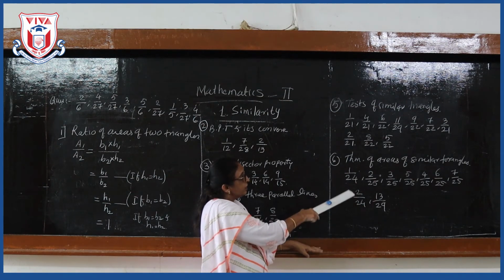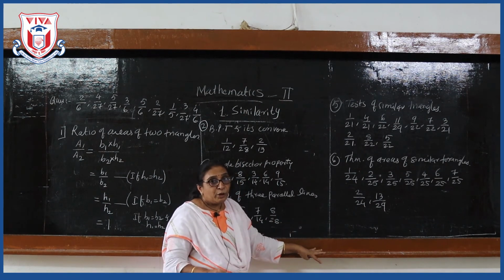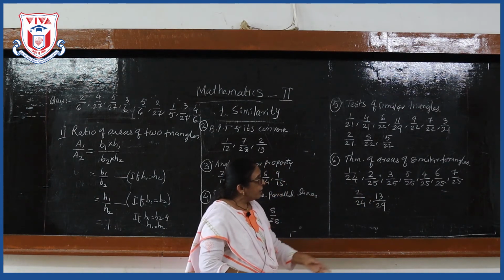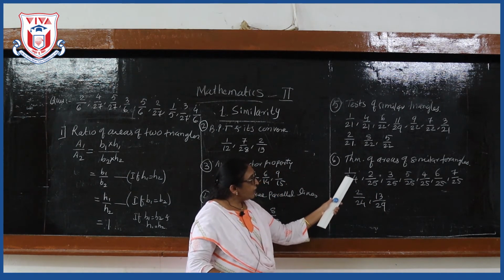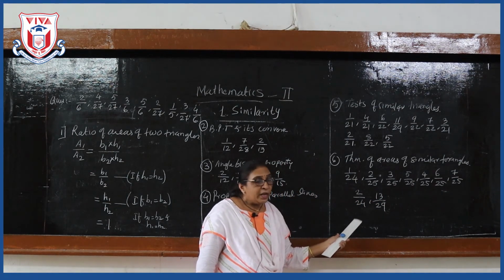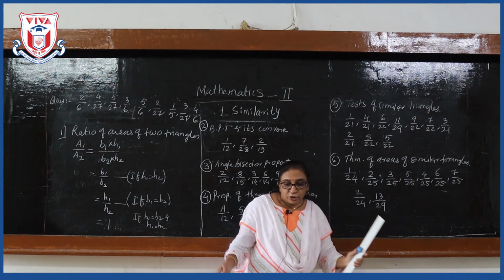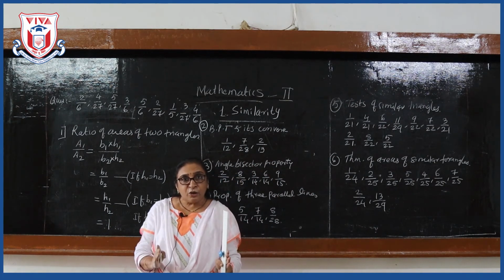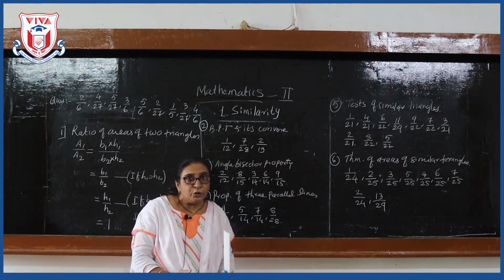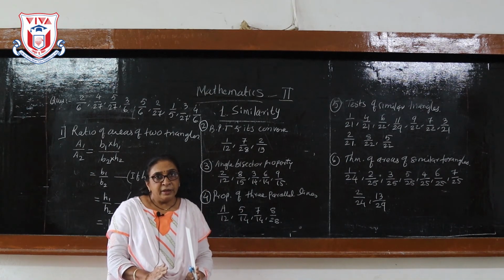And the last theorem, which is one of the important theorems we have seen, the theorem of areas of similar triangles. So here also all these particular numbers and their corresponding pages are given. According to that, if you solve the sums together based on the similar properties, then these properties you can also remember. Thank you.